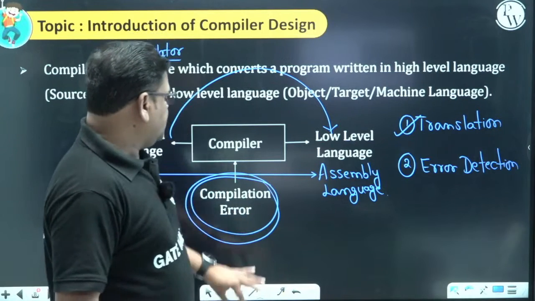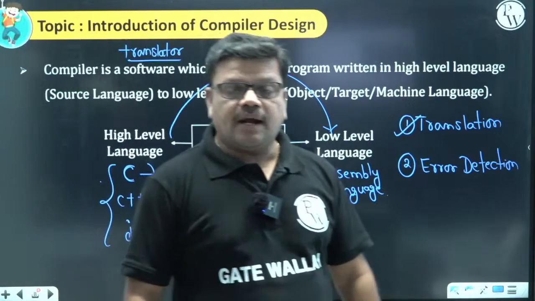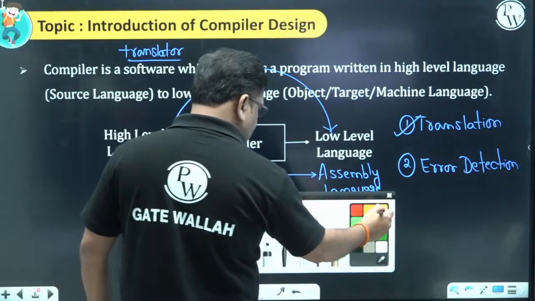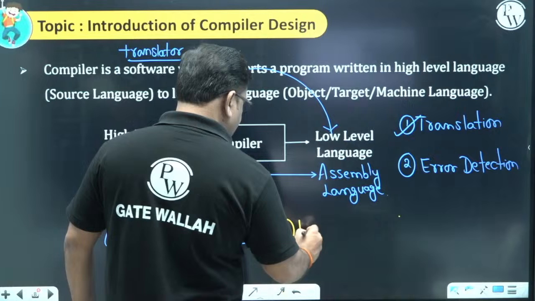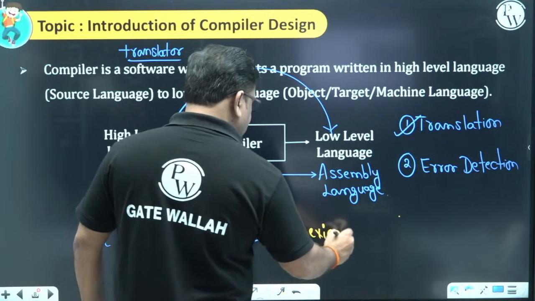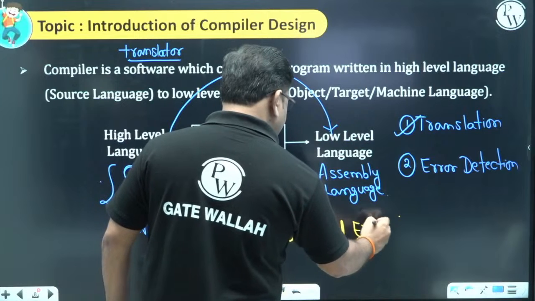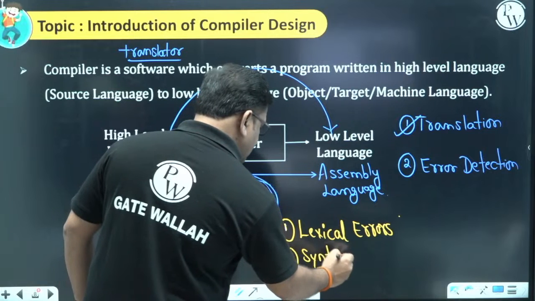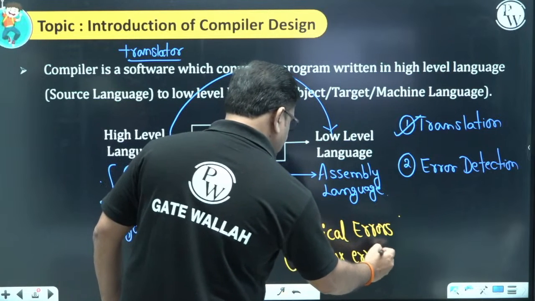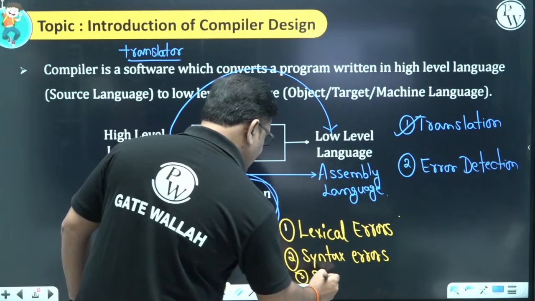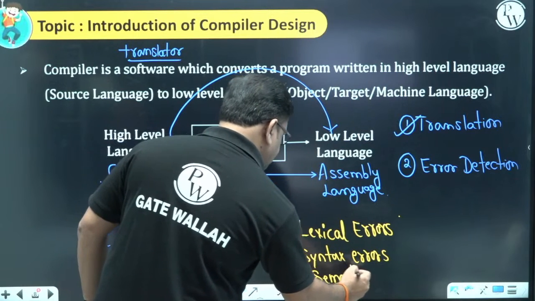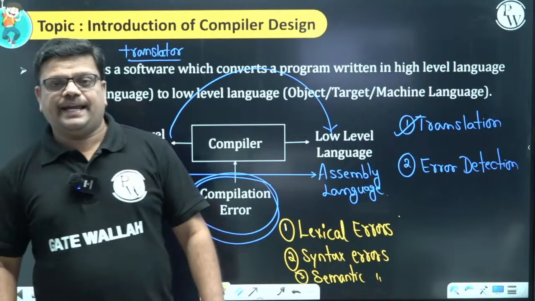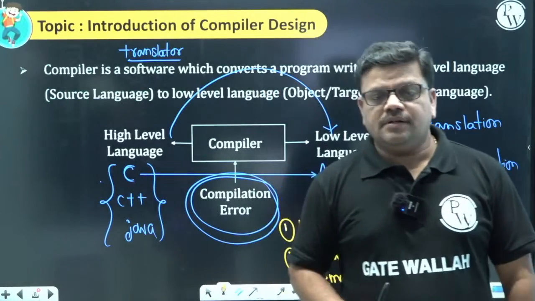Errors present in the program are known as compile time errors, or compilation errors. The compiler detected errors are classified into three categories: lexical errors, syntax errors, and semantic errors.